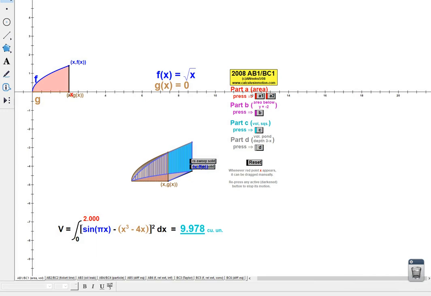Let me try something. Semicircle. Oh, that's so bad. My circle drawing skills are not quite as cool. There we go. That's pretty good. So remember, this distance right here is f of x.